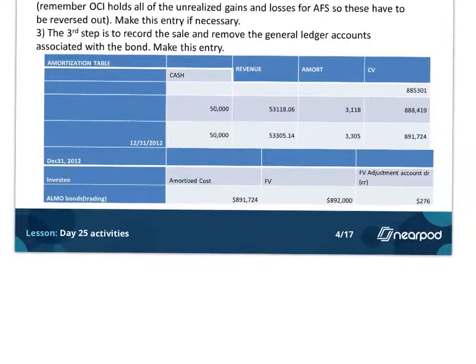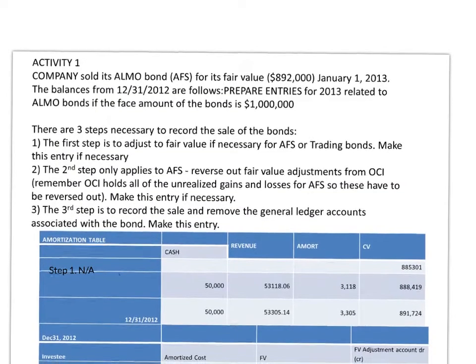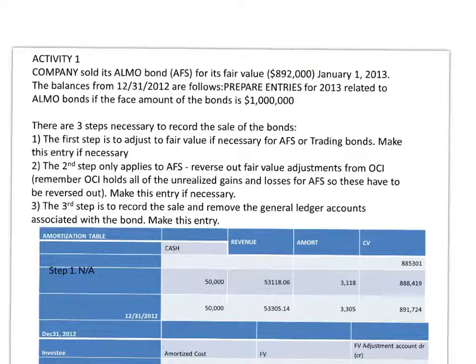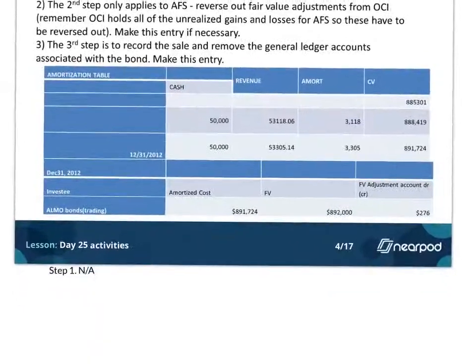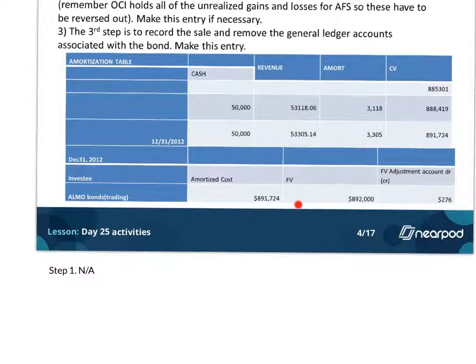All right, so the first entry was to bring it to fair value. In this example, it's not applicable because we sold these investments. You look back up at the problem. We sold the investments on January 1st, and we did our entries and had everything recorded as of December 31st.